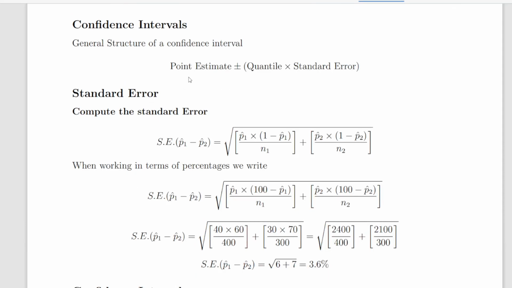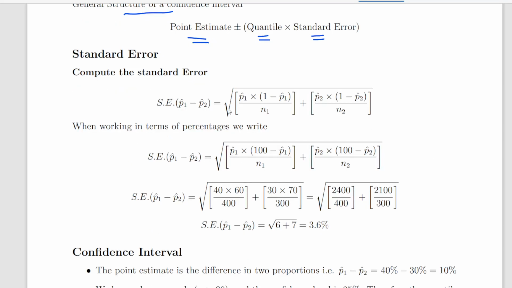So, the point estimate, there we have it again: point estimate plus or minus quantile times standard error. That's the general structure of the confidence interval. The main job really is to calculate the standard error, because that's the main bit of work, so that's what we look at first. The standard error is the formula that we just talked about. Just as a quick remark, what we could do is work in terms of percentages.